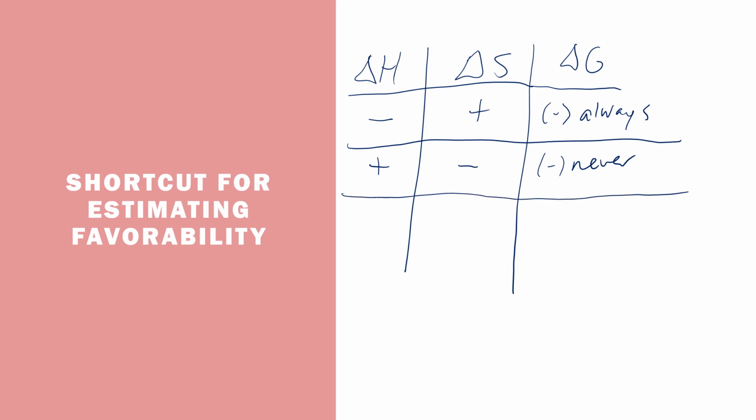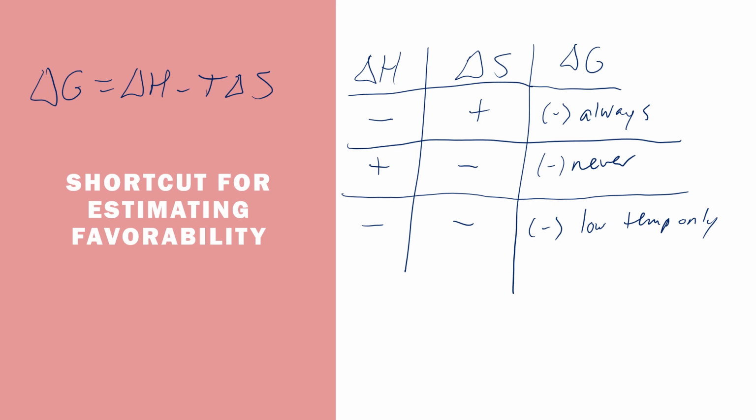Now, if I have a negative enthalpy, it's exothermic, but the entropy is decreasing, delta G will be negative at low temperatures only. That's because of our mathematical relationship here, delta G equals delta H minus T delta S. If delta H is negative and delta S is also negative, a negative times a negative makes positive.